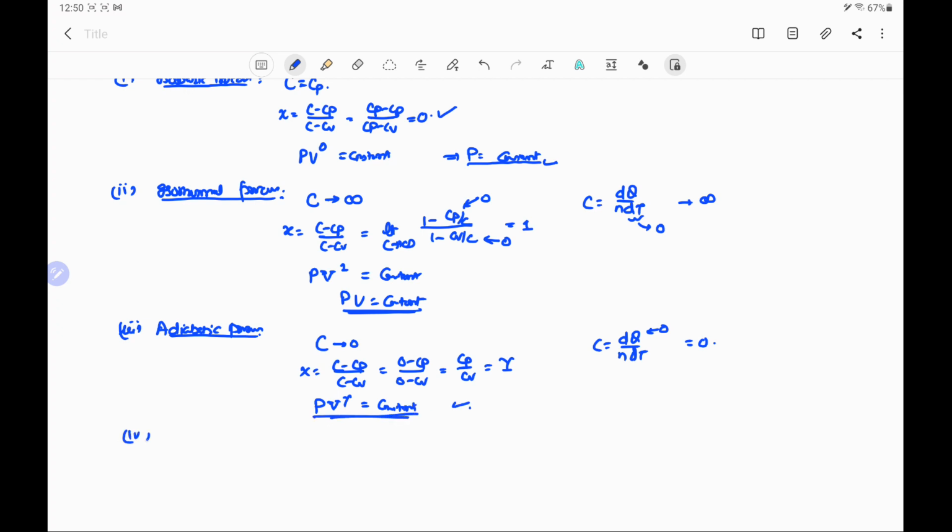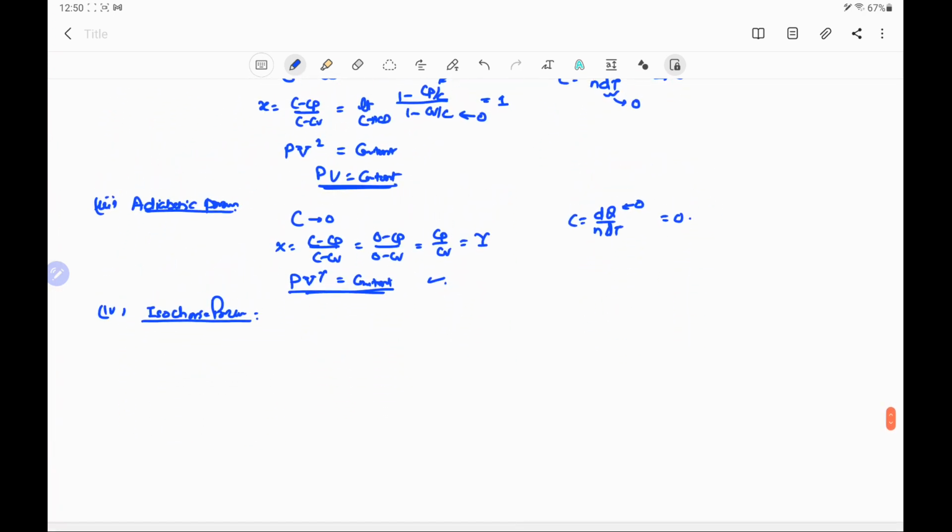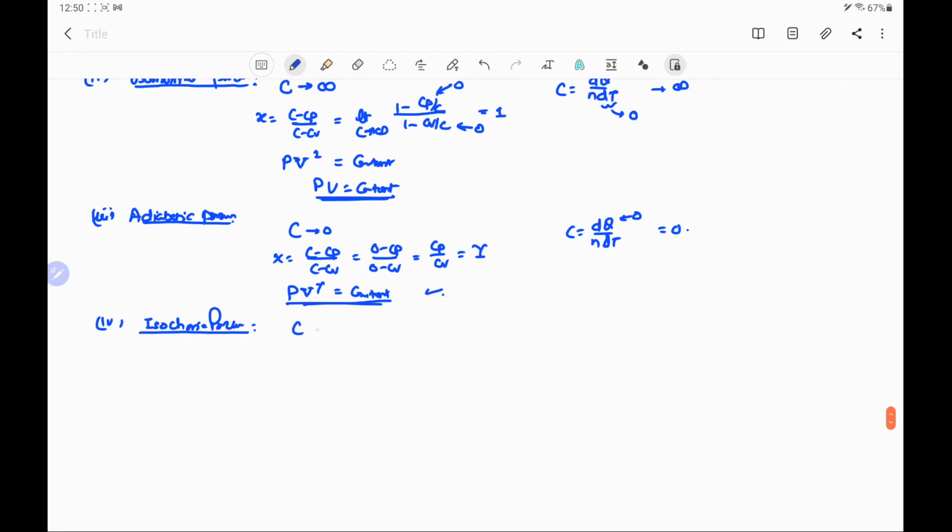And fourth process is isochoric process. In isochoric process, C, that is the molar heat capacity of the process, is equal to the Cv, that is constant volume specific heat or molar heat capacity at constant volume.